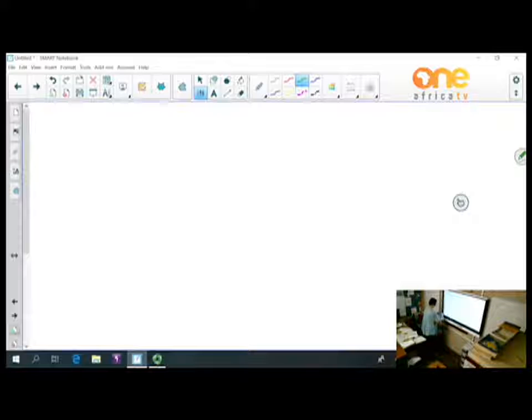Right, the next one is J. Which function there? It's again Pythagoras that you will do there. So it is the square root of 8.5 squared plus 6.5 squared, close.